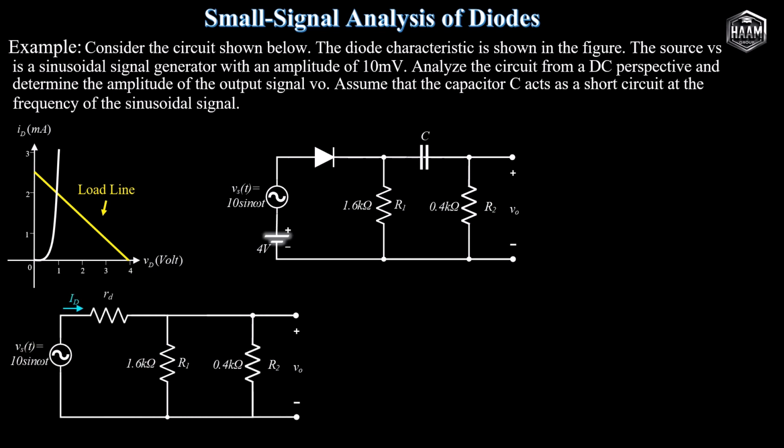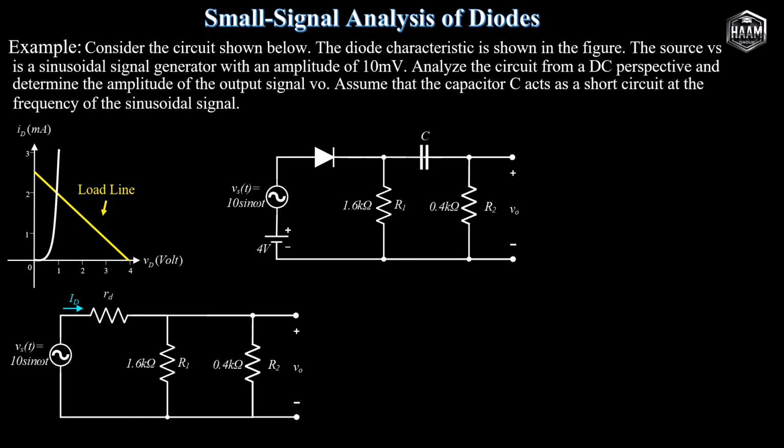The DC battery is short-circuited in the AC regime. The semiconductor diode is modeled purely as dynamic resistance lowercase r sub d, and the capacitor, as defined, acts as a short circuit at our operation frequency. This gives us our small signal equivalent network.